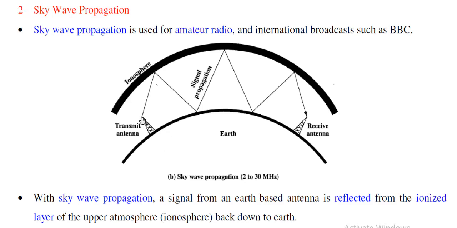Here the signal will travel from the transmitting antenna to the receiving antenna by bouncing back between the Earth and the ionosphere layer. So this is the Earth. The signal will bounce back and forth until it reaches the receiving antenna. So it's not like the ground wave where it goes through the contour of Earth, but it goes up and down until it is received by the receiving antenna.